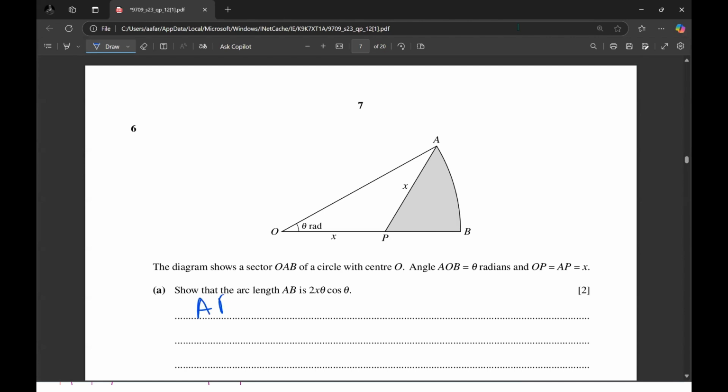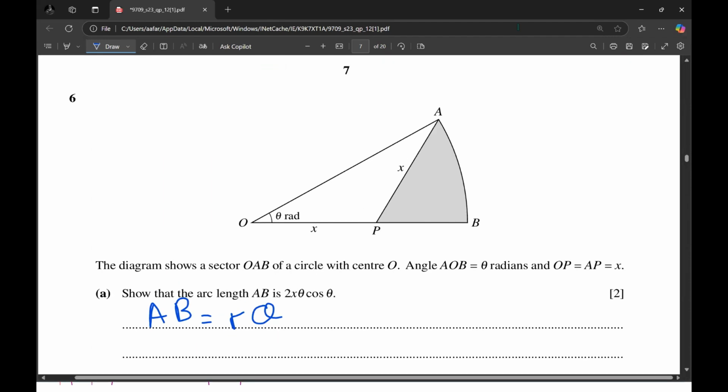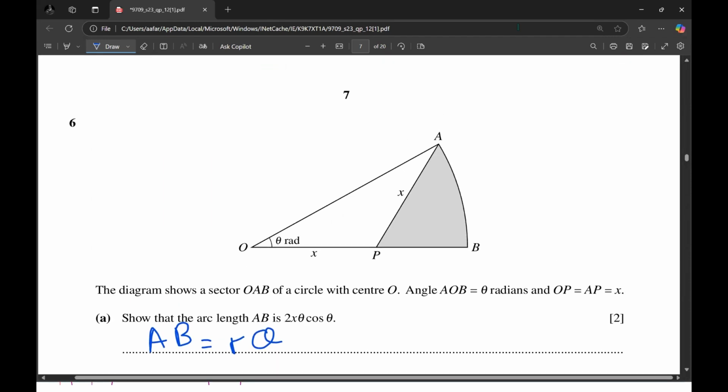So we know AB is the circular measure, which is in radians. So in theta radians, AB will be equal to r theta. So we know it's theta, but we don't know the r. We need to find r, right?